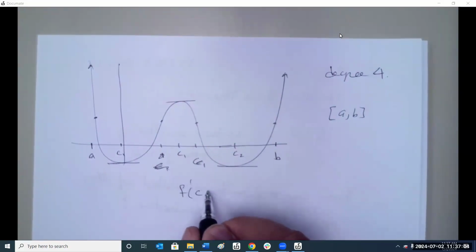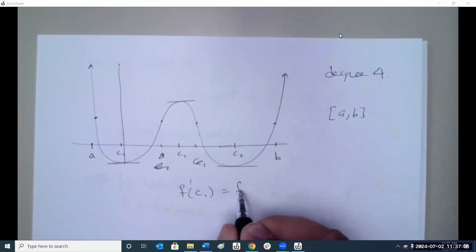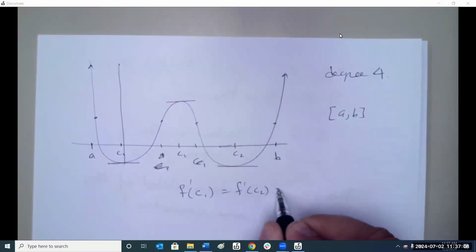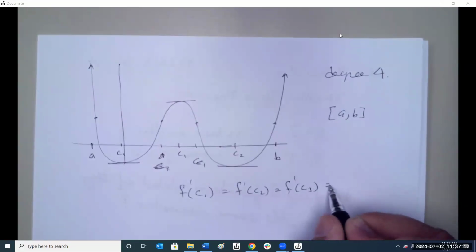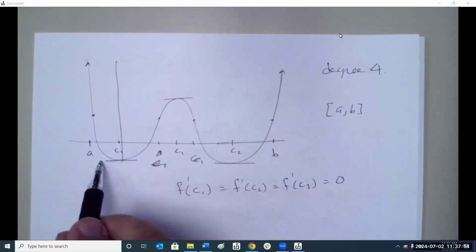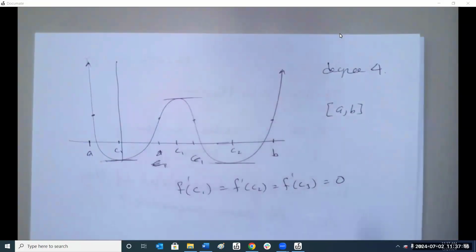So the derivative at C1 equals the derivative at C2, which is the derivative at C3, which all equals 0. They're all horizontal lines. That's what Rolle's theorem says.